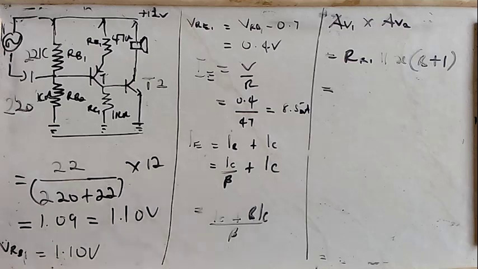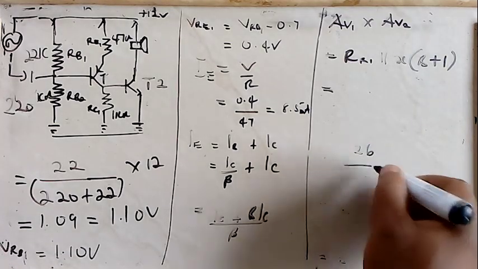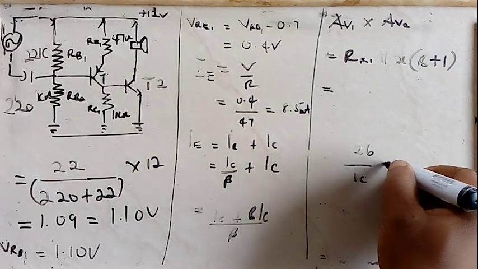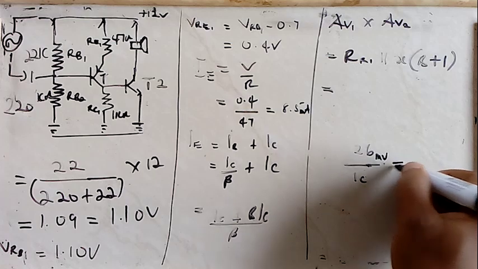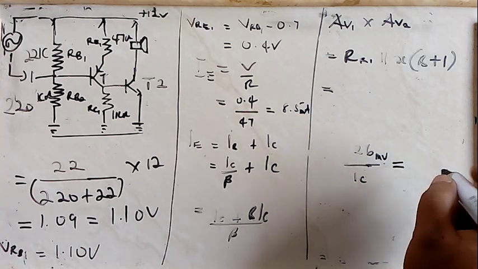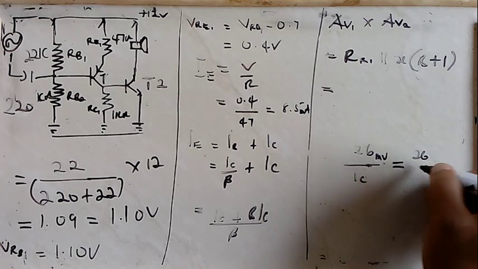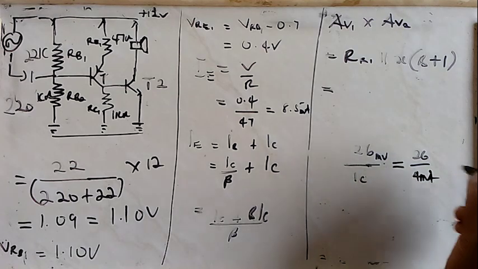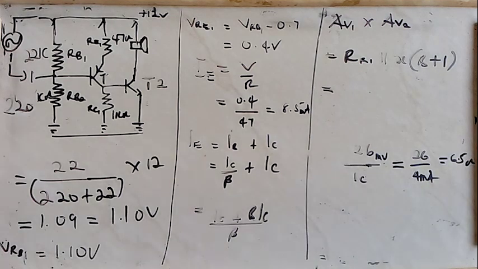If the current being passed here is 4 milliamperes, then our small RE here will be, again, we are using this 26 millivolts over the emitter current, which will leave us with 26 over, we have assumed 4 milliamperes, which leaves us with 6.5 ohms.